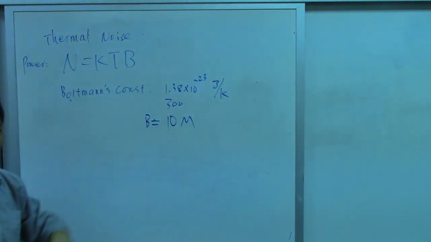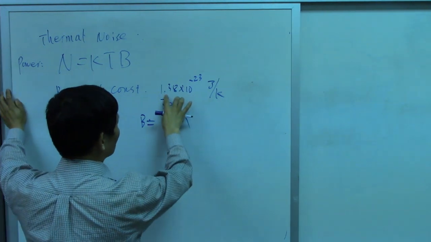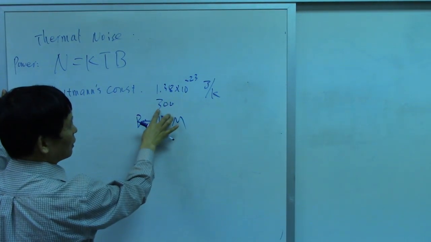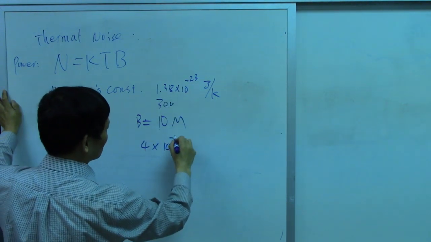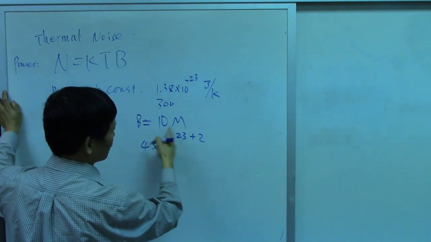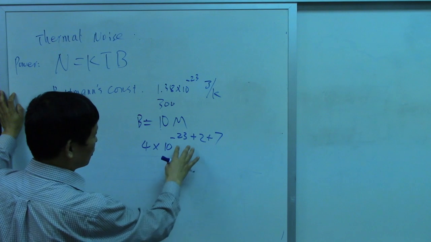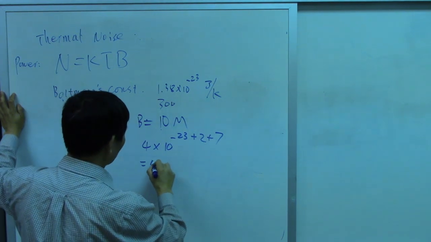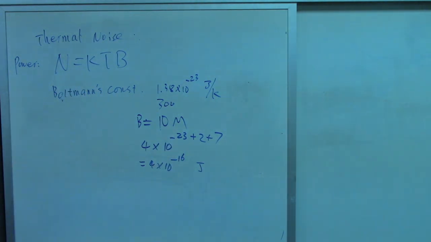Okay, now let's multiply all this together. This is 1.3 times 3, so that equals 4. The exponent is negative 23, plus 2, plus 7. Make sense? So the power equals 4 times 10 to the negative 16 joules.